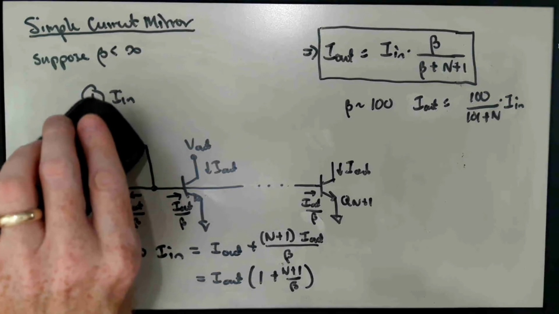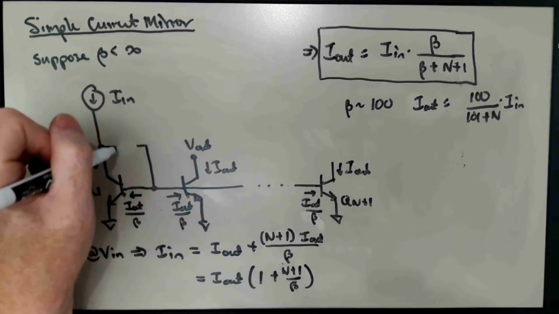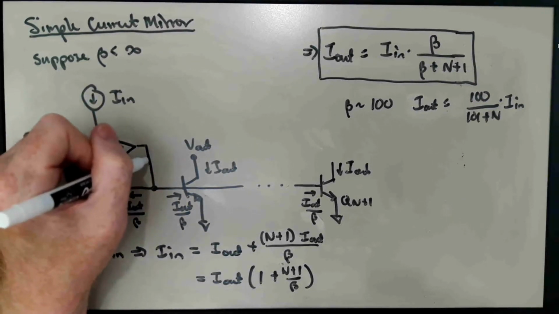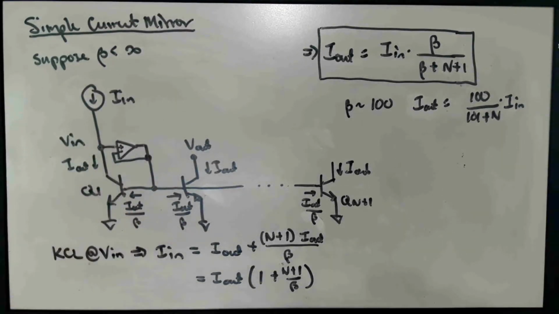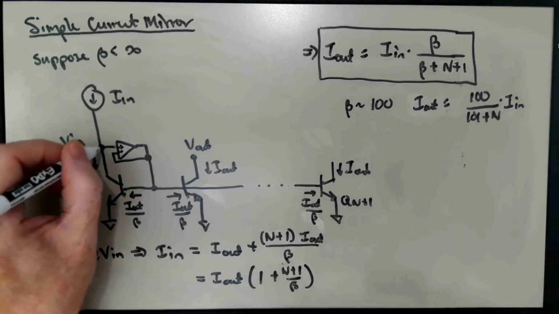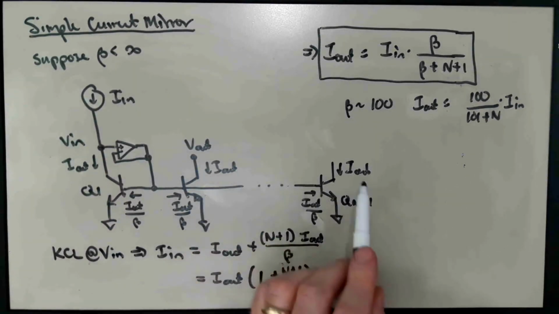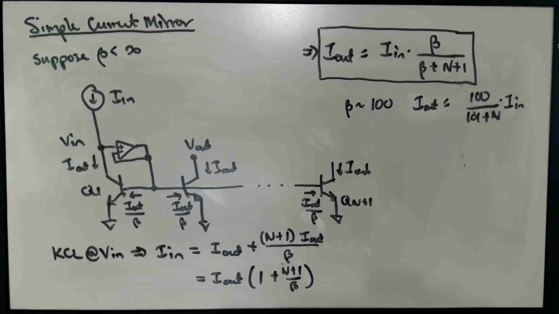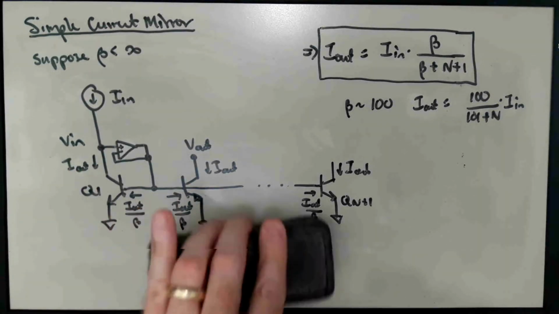One approach would be to take an op amp, or something like that, and make a buffer out of it so that the op amp supplies the required base currents, and then our KCL equation at the input is just I in is equal to I out, and all of these I outs will now be much more faithful copies of I in. So find something else to supply all of the required base currents.